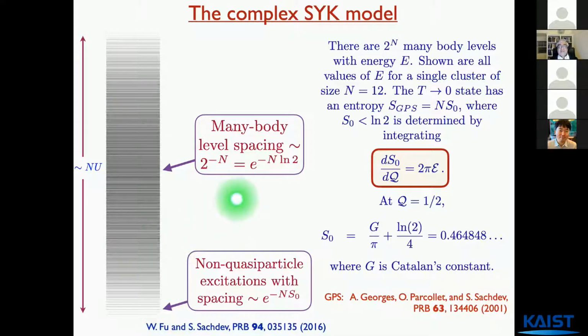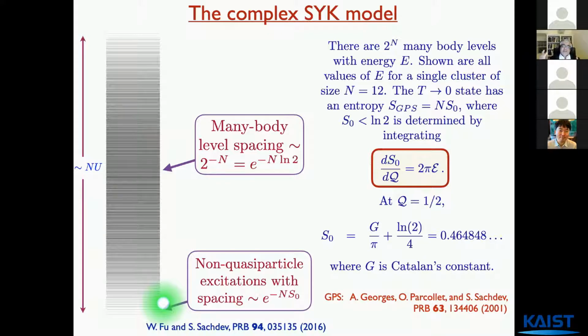But if you take an integrable system or something like the random matrix model of single particles, you'll find the energy level spacing down here is much larger. In fact, typically in any system with quasi-particles, the energy level spacing here is about 1 over N, not e to the minus N. And that's because when you have quasi-particles, there's some lowest energy quasi-particle excitation, which will have energy level spacing 1 over N, because you're solving kind of a single body problem.